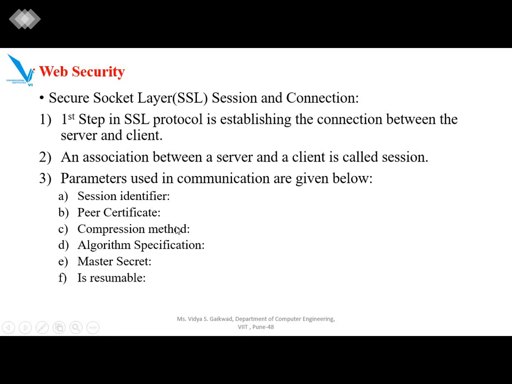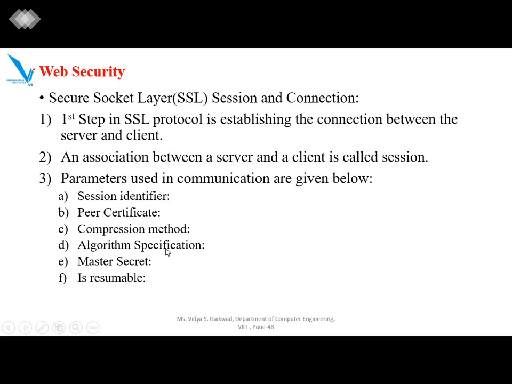It gives the method used to compress the data. Compression of data is done before its encryption, right? Whatever data we are going to send from client to the server should be sent in the form of an encryption, but before encryption the compression of the data should be done.